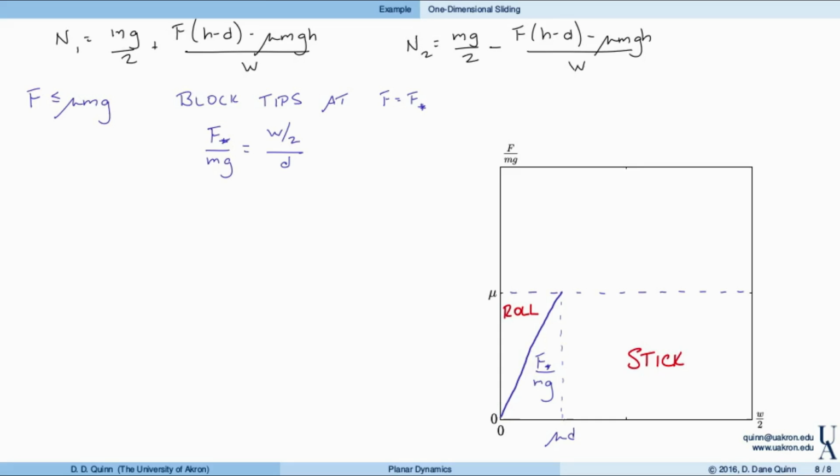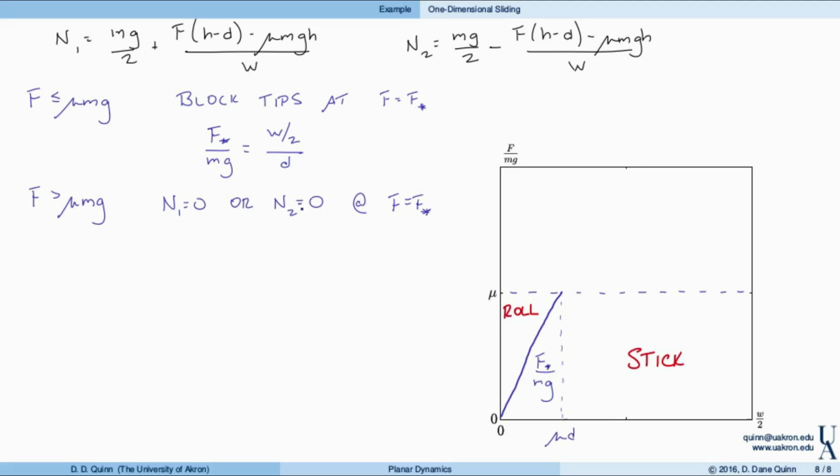Now, if F is greater than mu mg, either N1 or N2 can vanish for some value of F star.